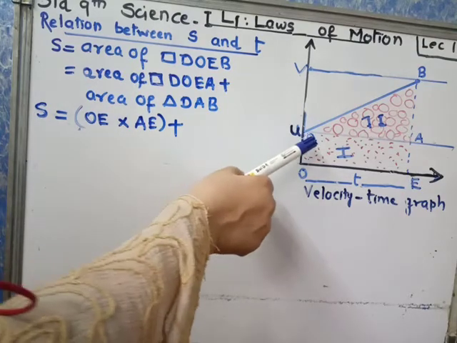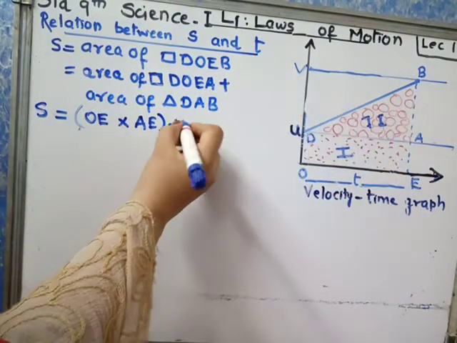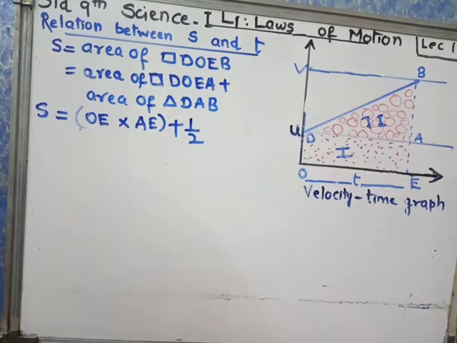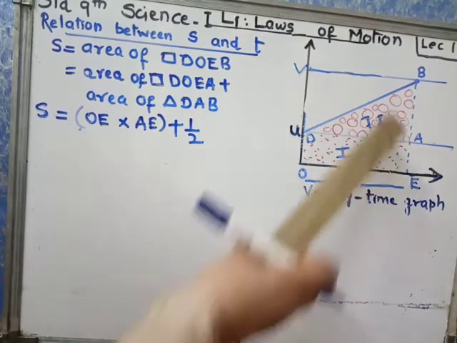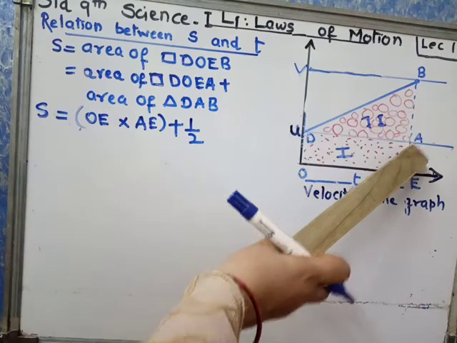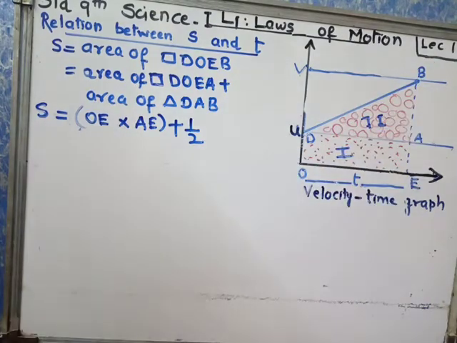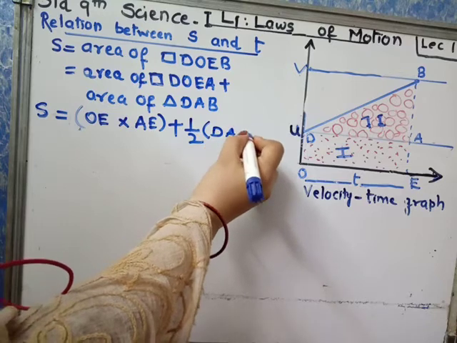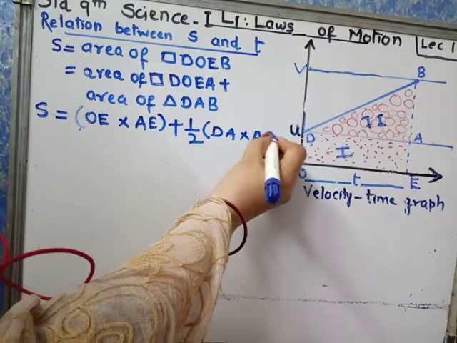Which triangle? DAB. We all know that the formula for area of the triangle is 1 upon 2 into base into height. Base of this triangle is side DA, and its height is AB. So, 1 upon 2 DA multiplied by AB.